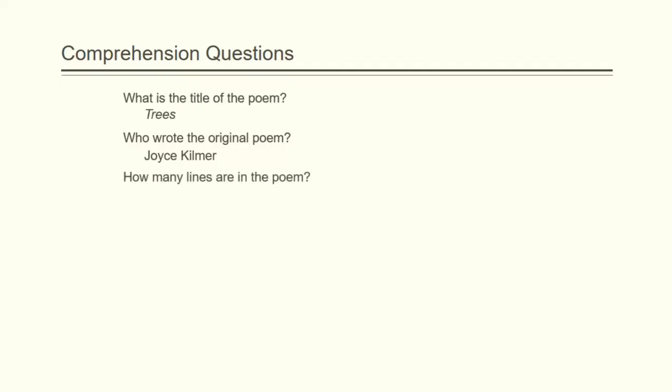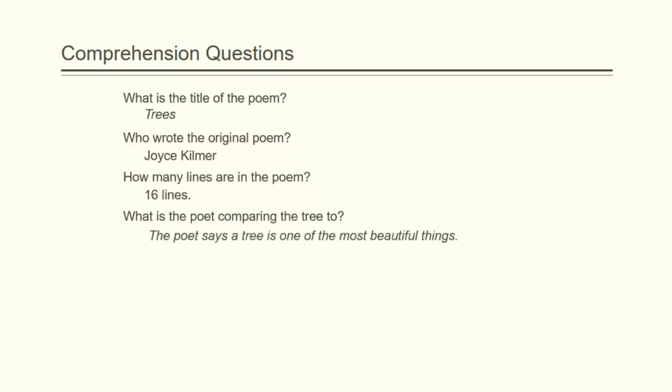How many lines are in the poem? We have 16 lines in the poem. What is the poet comparing the tree to? The poet says that a tree is one of the most beautiful things.